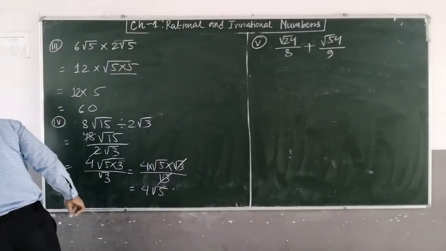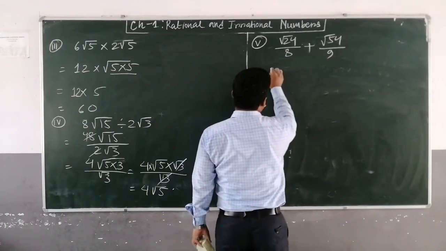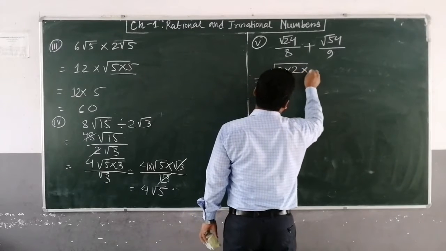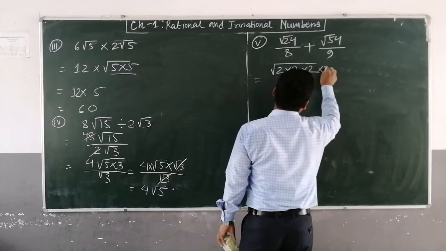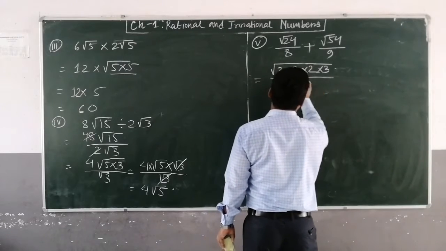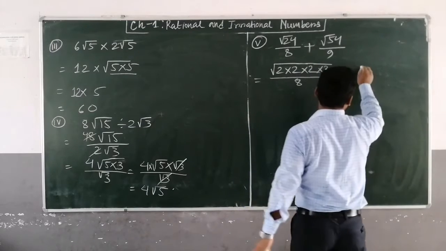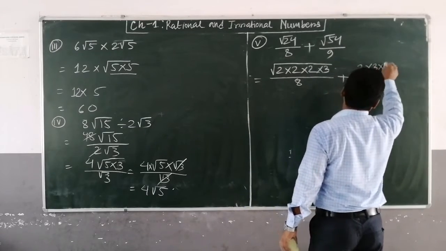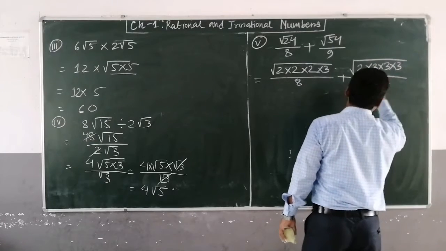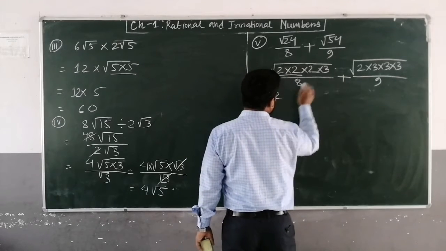Okay, so try to solve this. So 24 can be written as 2 into 2 into 6, divided by 8, plus 54, so 2 into 3 into 3 into 3 under root, divided by 9. Okay, so for this 2 will come outside.